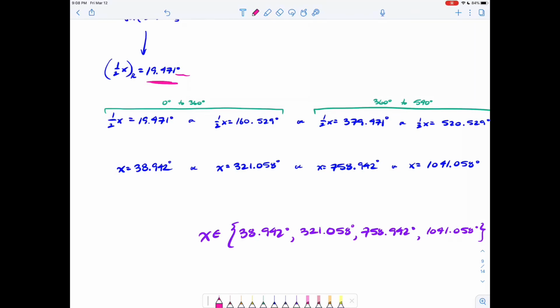Reason being, when we multiply by 2 to get here, if this was a 4714, then when we multiplied by 2, this last digit would actually round to a 3, not a 2. So I would have gotten a rounding error there.